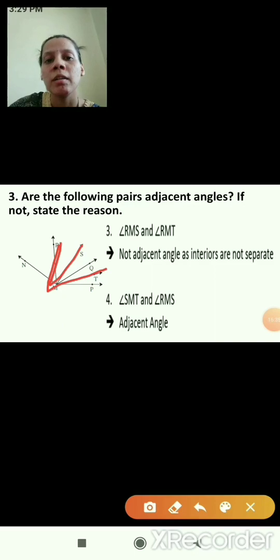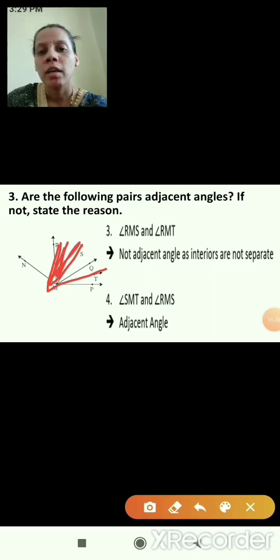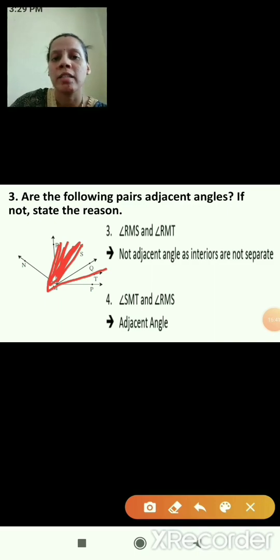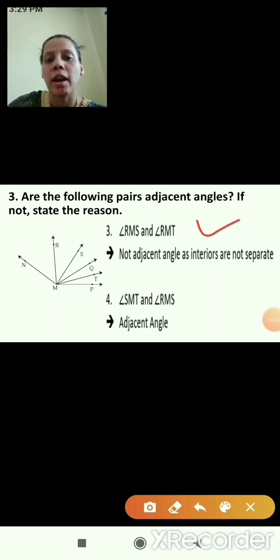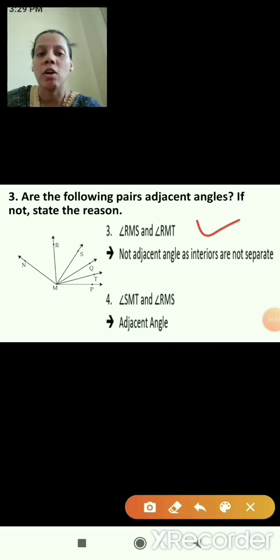Again, they are not adjacent angles because they have a common interior, not separate interiors.